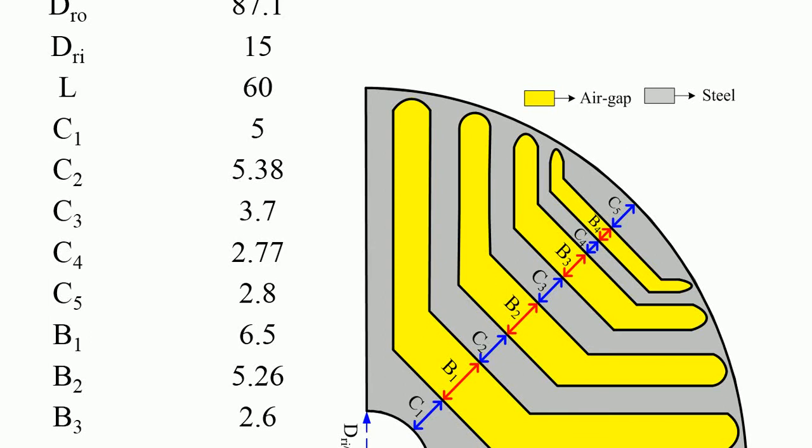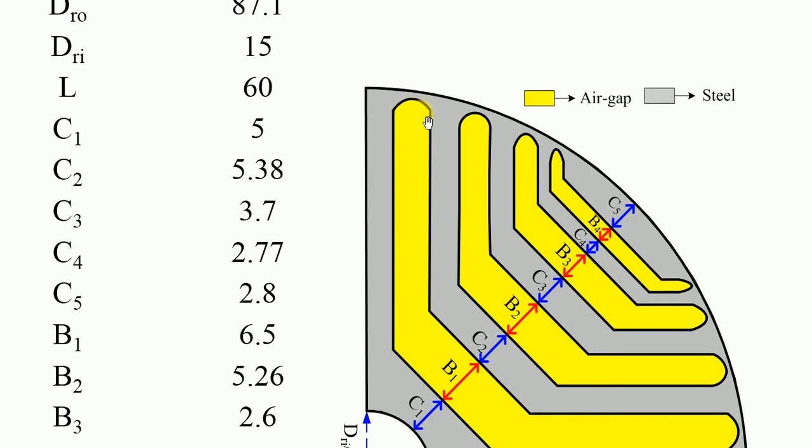Now to have a better saliency ratio, as I told you earlier, we should have a good LD and less LQ from the design perspective. So to have good LD, our flux lines should flow more towards the d-axis rather than the q-axis. If your flux linkage in the q axis decreases, it will decrease your inductance. If your flux linkage in the d axis increases, it will increase your LD. So if we increase LD and decrease LQ, we will have good saliency ratio and good torque performance.